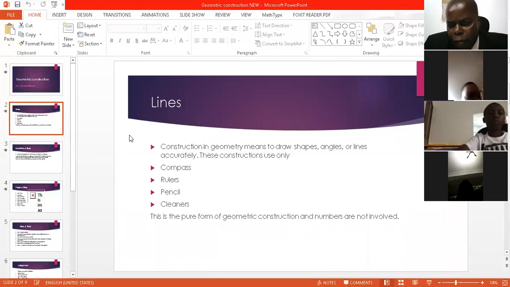The topic is geometric construction. Geometric construction, yes. And I was talking about how geometric construction came into being.